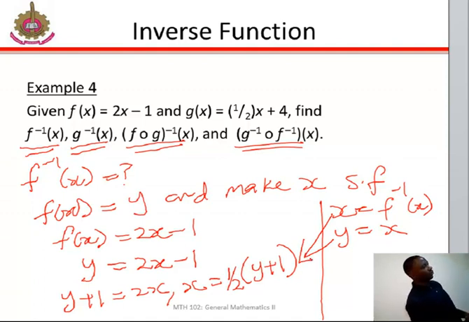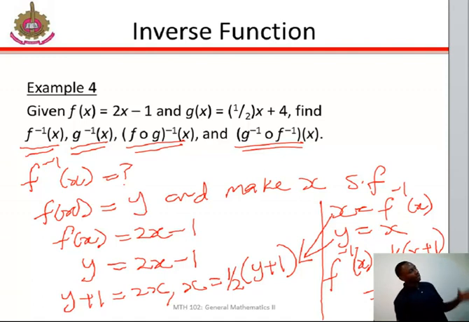So if you do that, you are going to have f inverse of x equal to 1 over 2 into x plus 1. That is going to be our answer. I hope you understand the simple steps I just took you through. Now let's proceed.